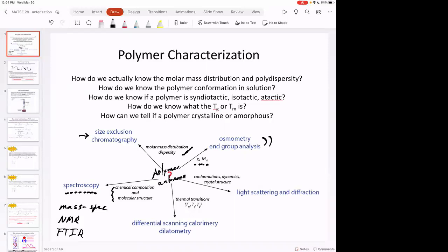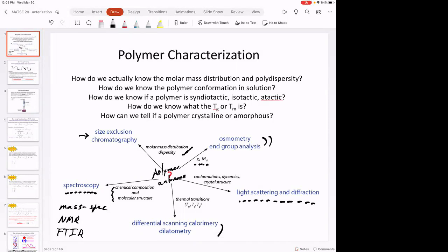So NMR and FTIR are key techniques for figuring out what functional groups are in the polymer. We're going to talk about thermal transitions a little bit, and then in future classes, you'll talk about light scattering and diffraction and other things like that. But it's really important to think about this slide and think about what the technique is measuring and why that matters to all of the polymer stuff that we've talked about so far.